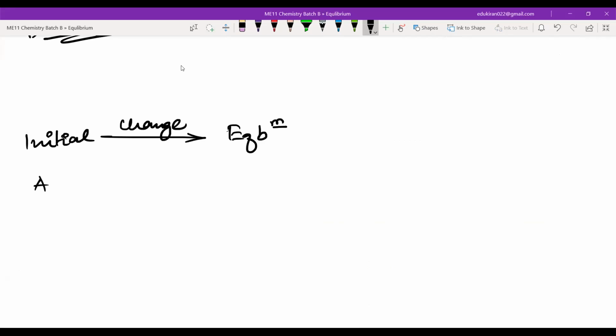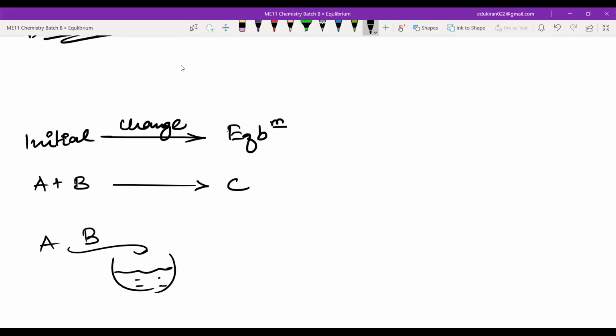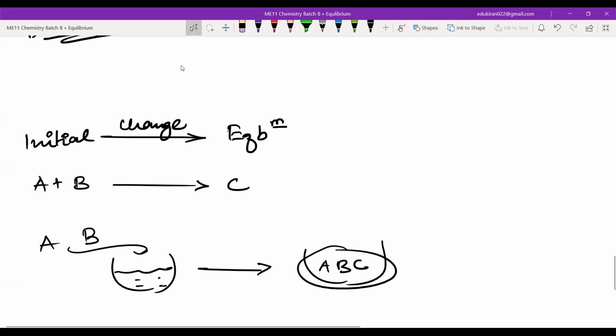We had A plus B giving me C. But now in equilibrium, we saw that I can have A, I can have B, and when I add these two things into a particular container and they start reacting, after some point of time, I am getting A, B, and C. I'm getting some moles of A, some moles of B, and also some moles of C. After a long time, the equilibrium has been achieved.